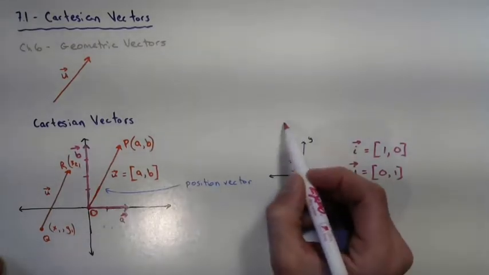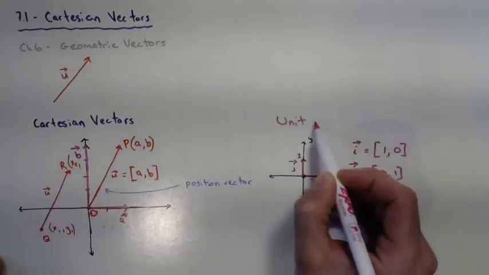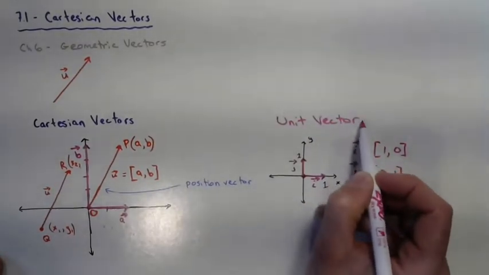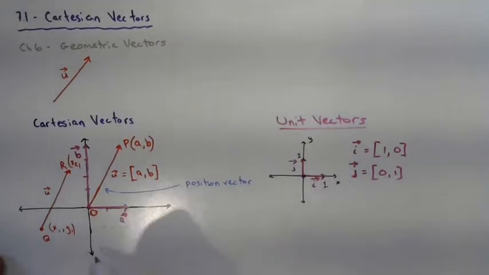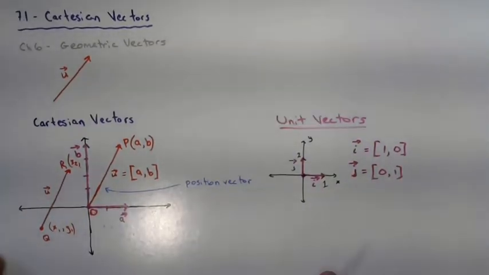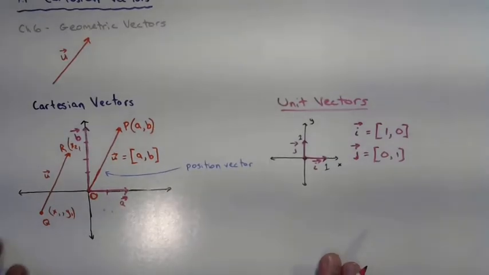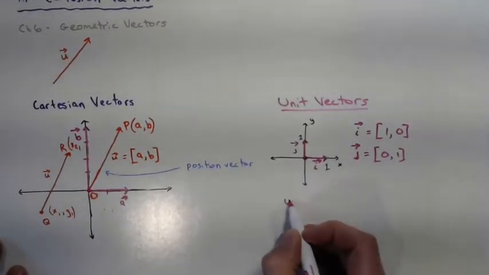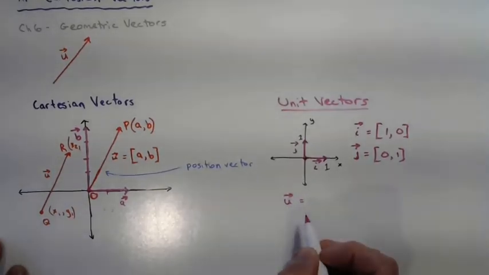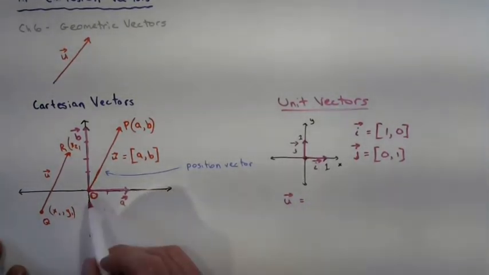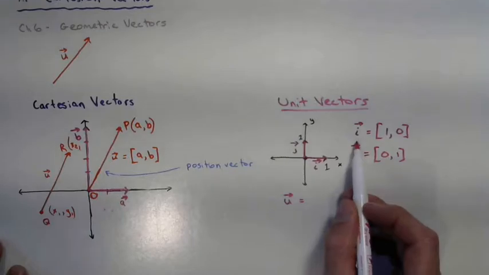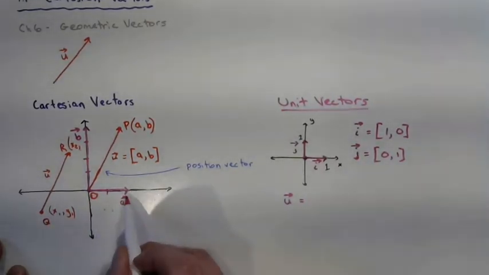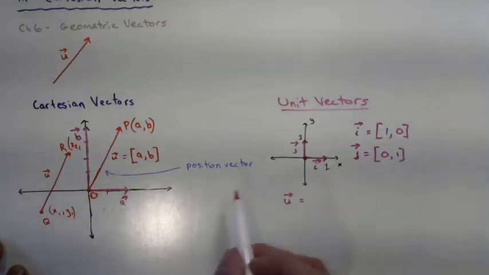But we'll get into that in more detail as we move along. So we'll note that over here we did unit vectors. And now we're just going to relate this diagram to these diagrams with a couple of other notes, okay? We have already established that the vector U is equal to A times I. So let's say A was 2 units along the x-axis, then the vector A would be 2I.